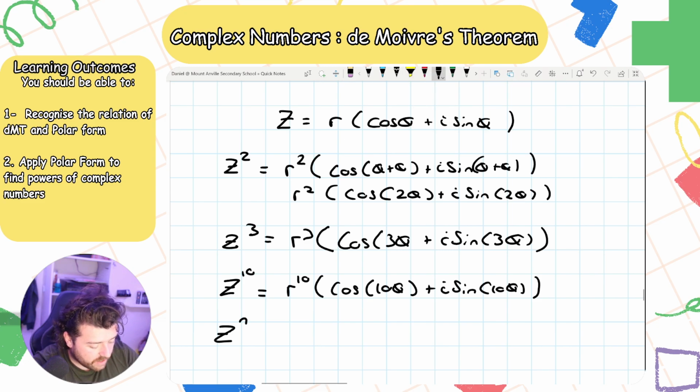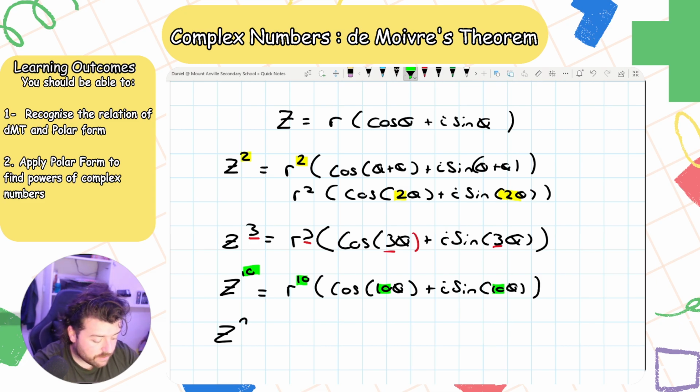If we notice a pattern here, if I have it to a power of 2, I put the modulus to that power, and then I multiply the argument by that power. So for power 3, it'd be my modulus to the power 3, and then 3 times my argument. What about power 10? Modulus to the power 10, and then multiply the angle by 10.